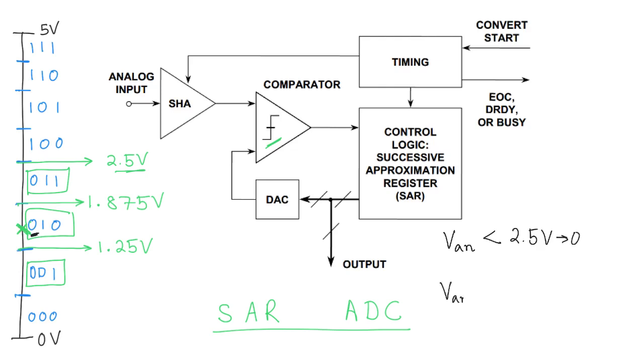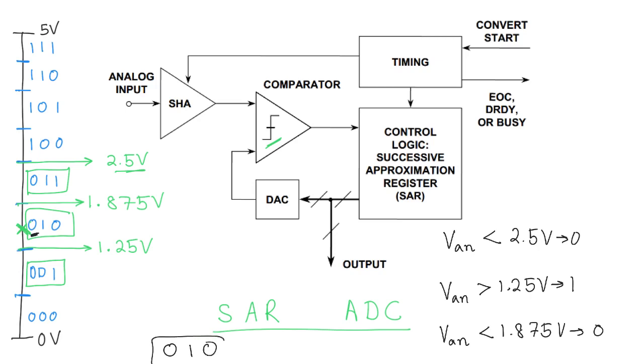Then V analog was greater than 1.25 volts, so we got a 1. And then V analog was less than 1.875 volts, so we got a 0. So our digital number is 0, 1, 0. This is the digital number corresponding to the analog voltage that we started out with.